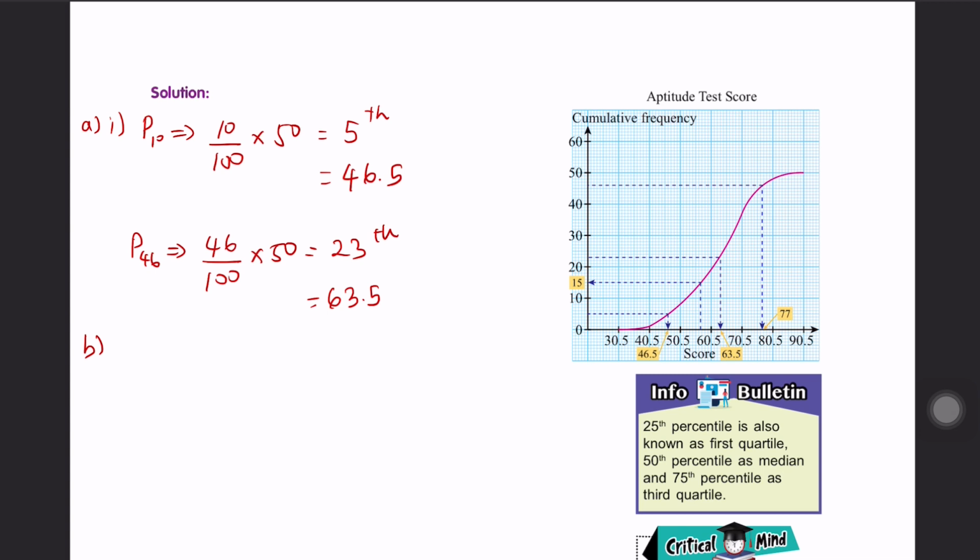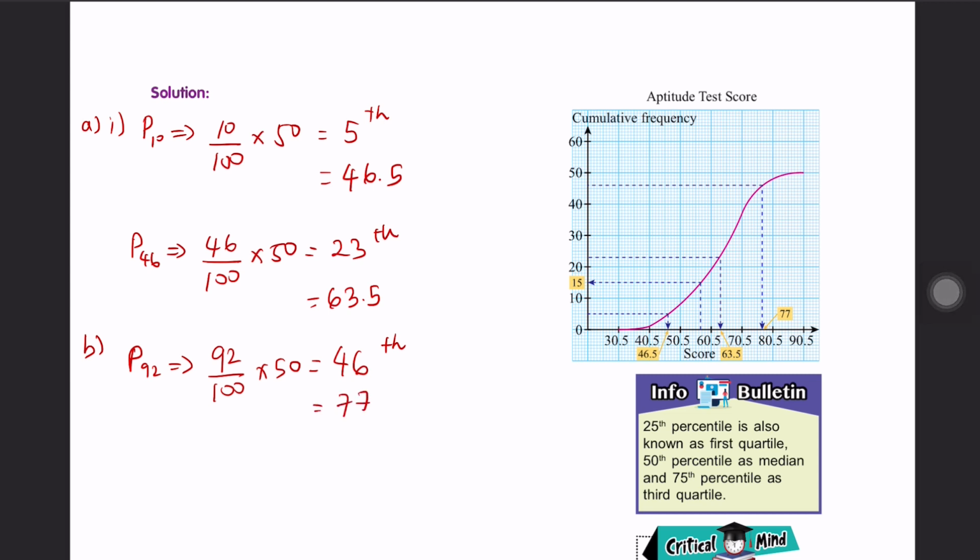So kita kena kira. Okay, so P92. So kita kira lah 92 over 100 times 50. So kita dapat 46. So kita kena cari yang ke-46. Ke sini 46. Okay, pop, turun bawah. So kita dapat 77.